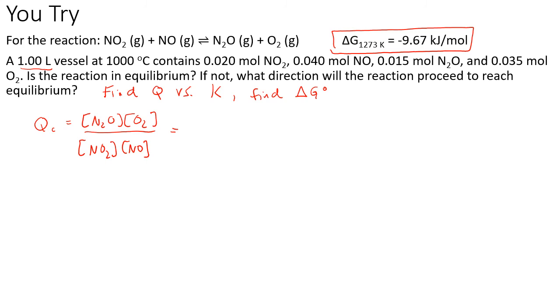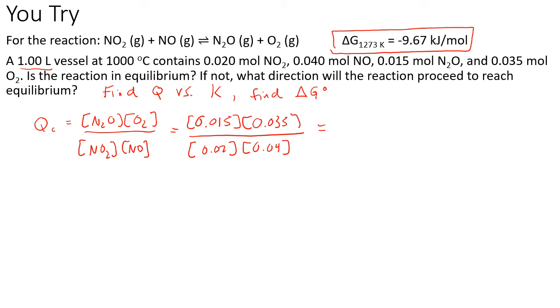For N2O, we have 0.015 molar. For O2, we have 0.035 molar. For NO2, we have 0.02 molar. And for NO, we have 0.04 molar.